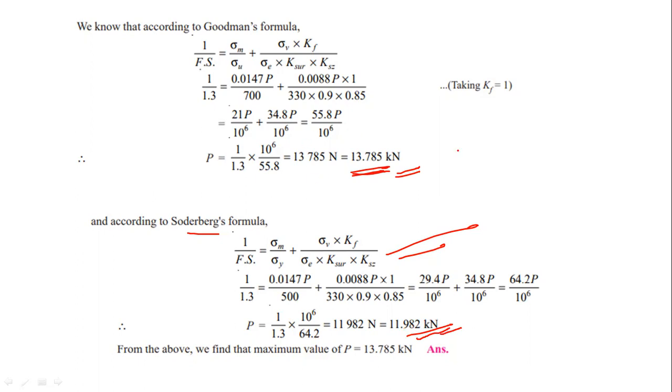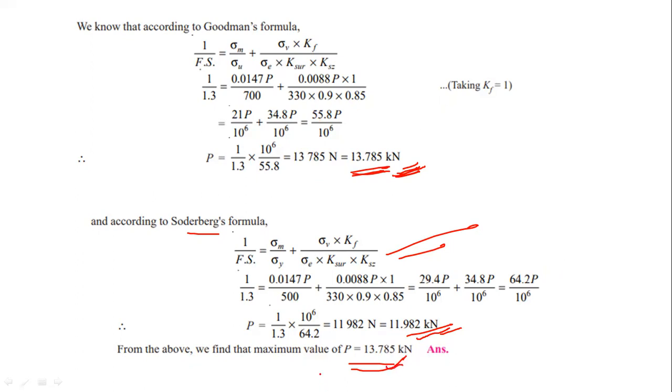By using Goodman's method, the value of P equals 13.785. In our question, we have to find the maximum value of P. So 13.785 is the larger value. So our answer is P equals 13.785 kilonewtons, the maximum value of P.